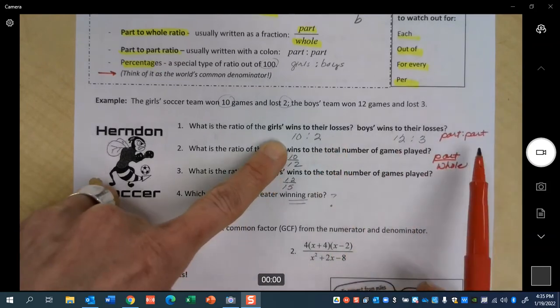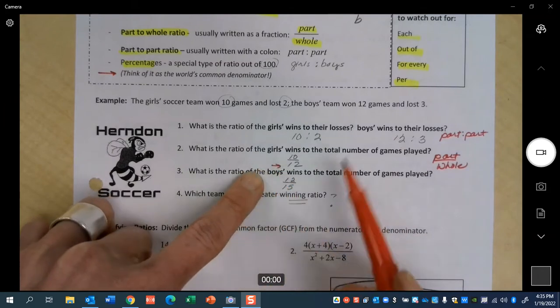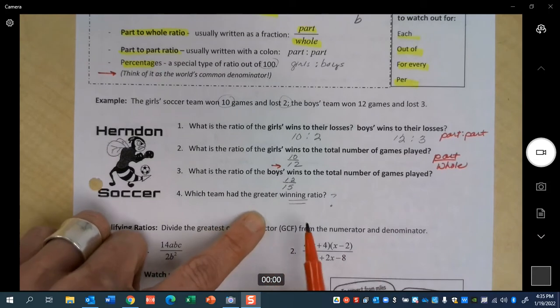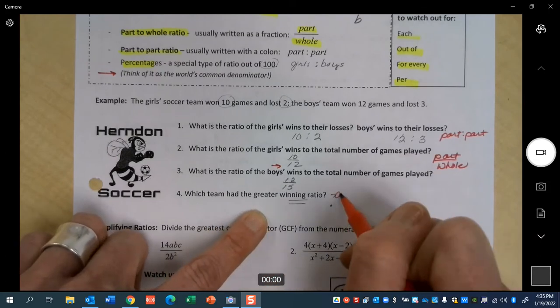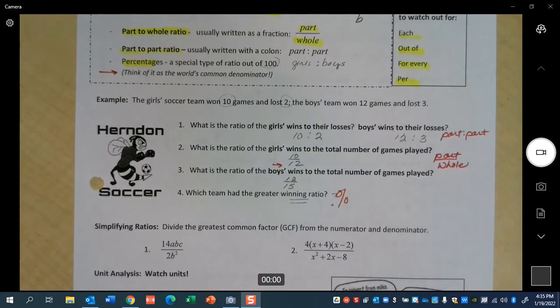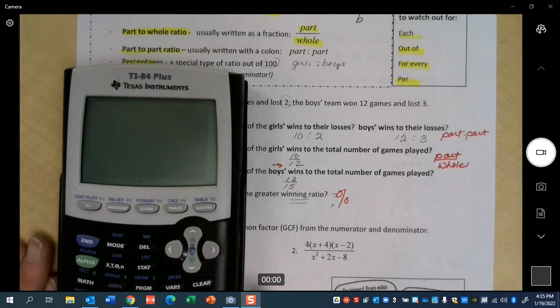Part to part deals with each of these parts. This whole, this denominator, represents how many total games they played. When we want to know which team had the greater winning ratio, we can actually identify that as a percentage. And your calculator comes into play, helping you with this too.